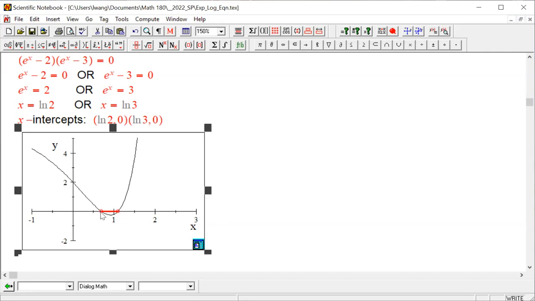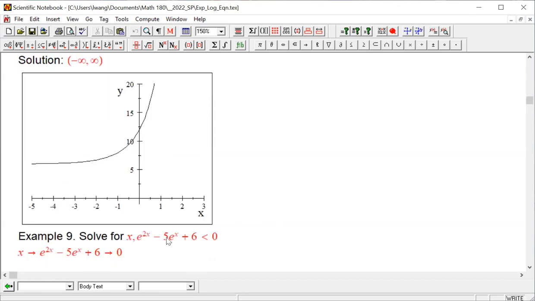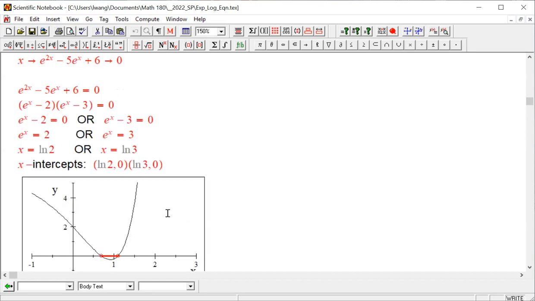This is ln 2, this is ln 3. So the solution would be ln 2 less than x less than ln 3. That's the solution for this inequality. Okay, the rest of the part are all positive.